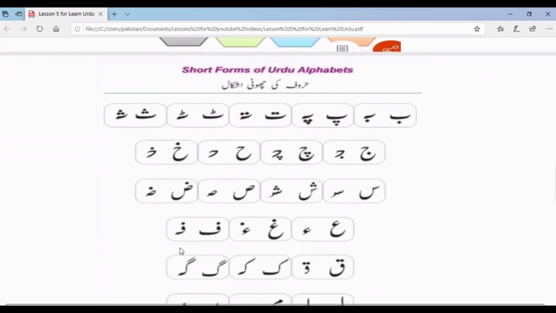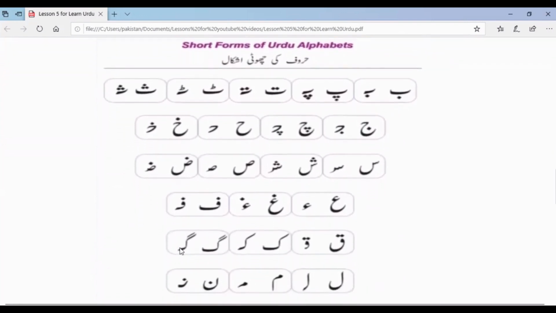There is another chart again with short forms of Urdu alphabets. Alif and Alif Madda are not present here because they remain same. And Be, it will look sometimes like this. Pe, like this. These are also the shapes in the beginning.